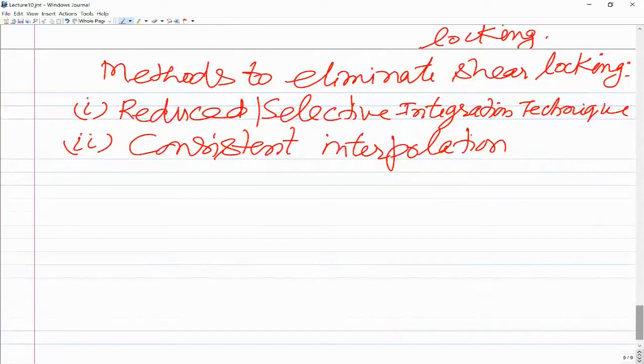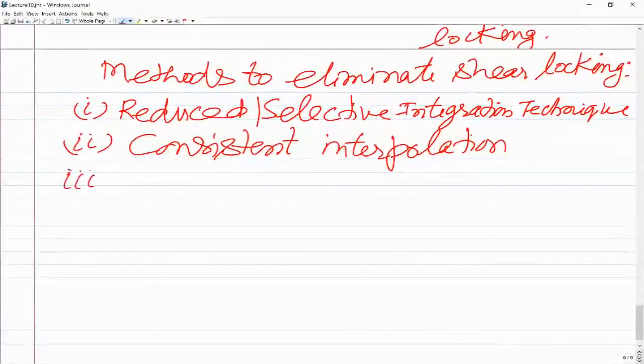Similarly, del w by del y has fewer terms, and theta y has more terms. So if we interpolate theta x and theta y in such a way that del w by del x plus theta x are of the same form, and del w by del y and theta y are of the same form, then this locking problem is not there. So that is known as consistent interpolation. The interpolation of theta x should be similar to del w by del x, and the interpolation of theta y should be similar to del w by del y.